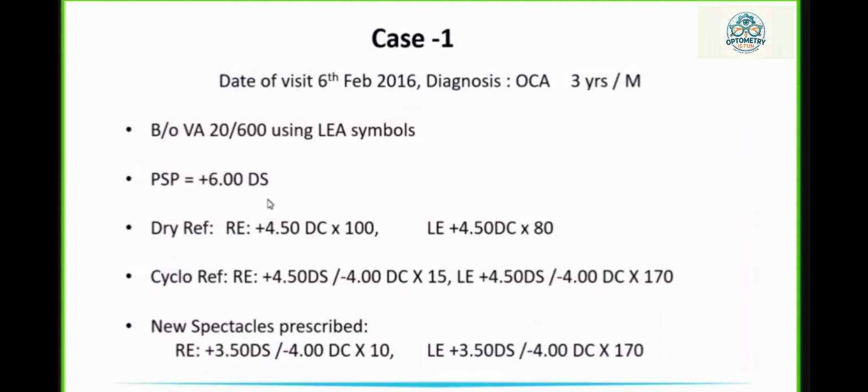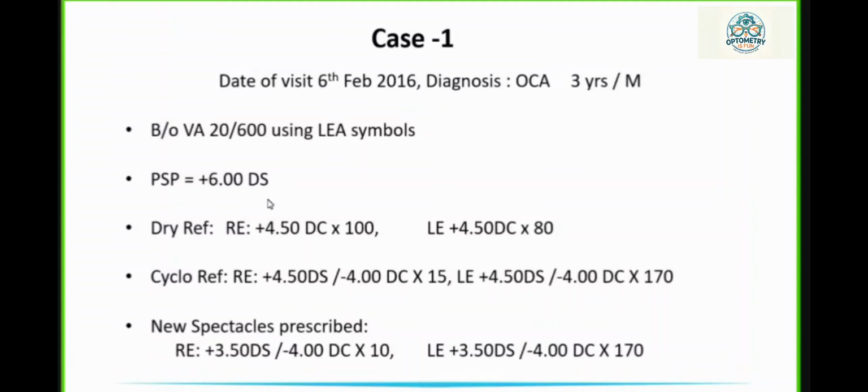But the cycloplegic refraction, if you see, is almost similar, confirming about 4 diopter of cylinder with the rule, and 4.5 diopter of spherical value, and these were the values prescribed. About 1 diopter under correction from the cycloplegic net value.